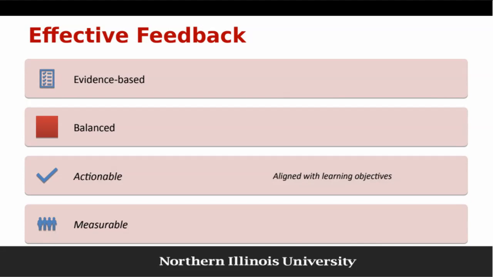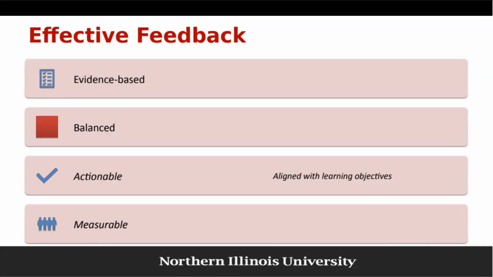And then balancing the feedback, it's important that we want to keep students motivated, and we want to have a positive tone in our class. So we try to balance the feedback with a positive comment, then some recommendations for revisions or improvement, and then a positive comment. So we call it a feedback sandwich, where you put the suggestions for improvement in the middle.